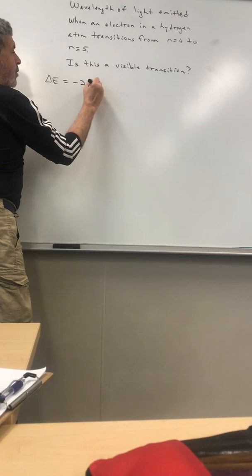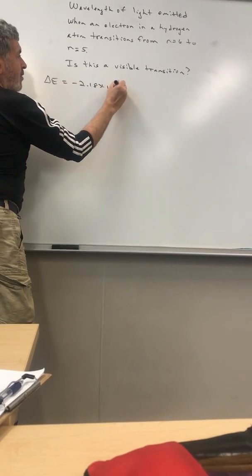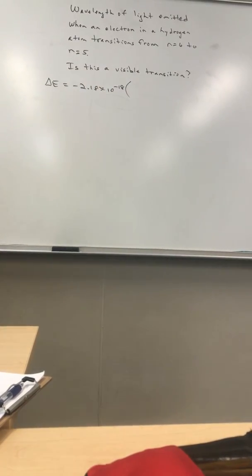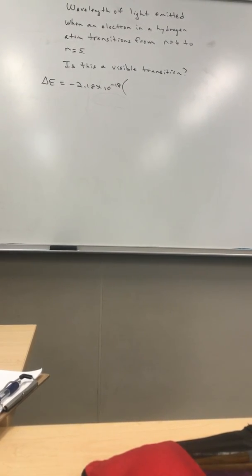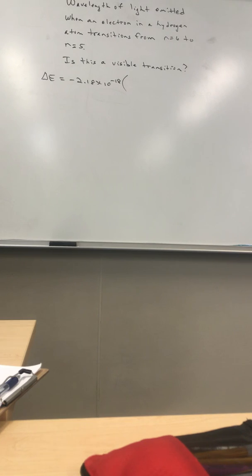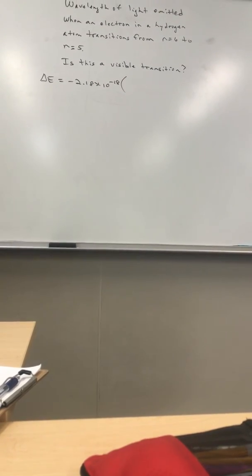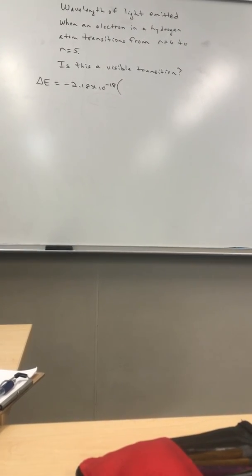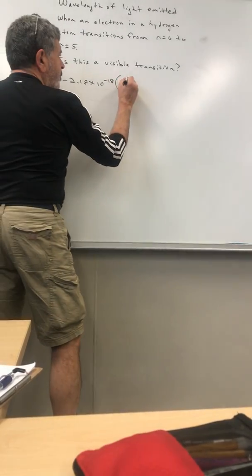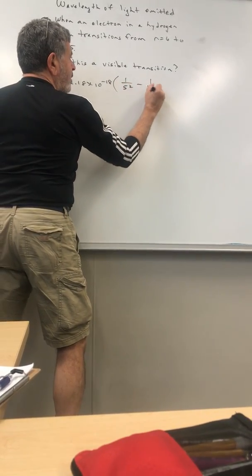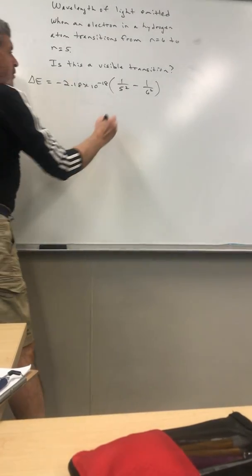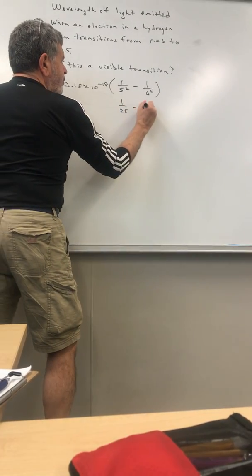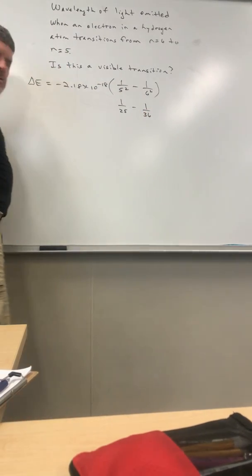So it's minus 2.18 times 10 to the minus 18th. And we're going to use the final minus the initial state. So what's the final? 5. So it's 1 over 5 squared, and the initial state is 1 over 6 squared. This is 1 over 25, and this is 1 over 36.